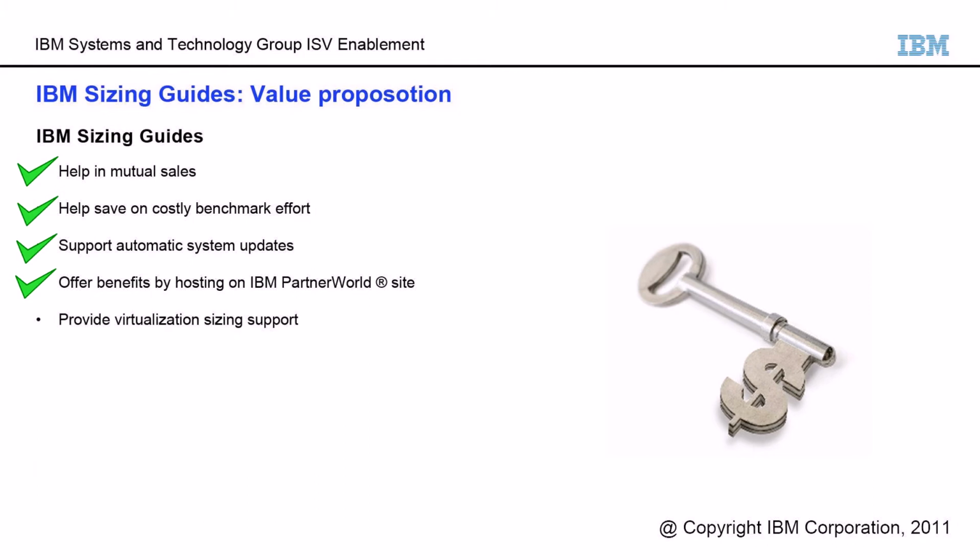Access control options are available with a private sizing guide type to restrict access only to specific user IDs or companies. This makes it easy to share the guide with resellers and IBM sales teams, while preventing guide access to prospects and end customers.